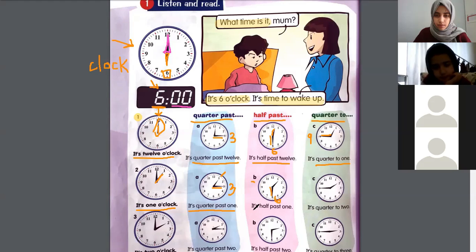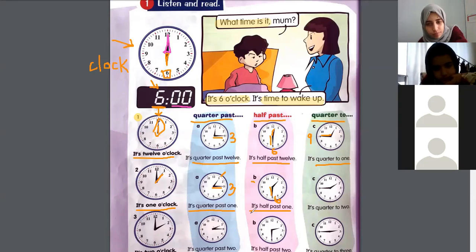So how do we read it? It's half past what? 1.